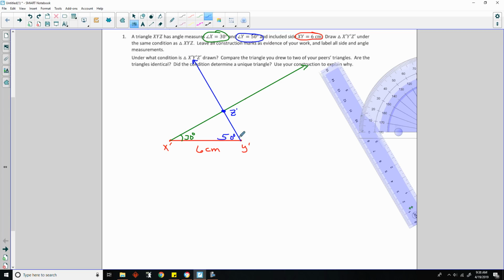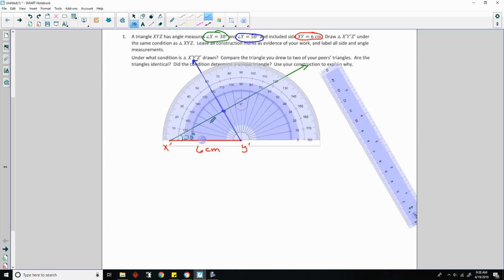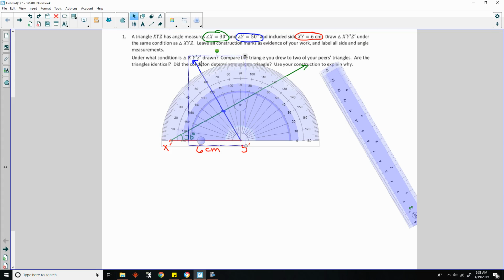So if this is 50 degrees and this is 30 degrees, okay, so I did that wrong, didn't I? Did I do 50? I did 60. That's what I thought. What is wrong with me? Oh, the humanity. All right, so anyhow, let's just ignore that.